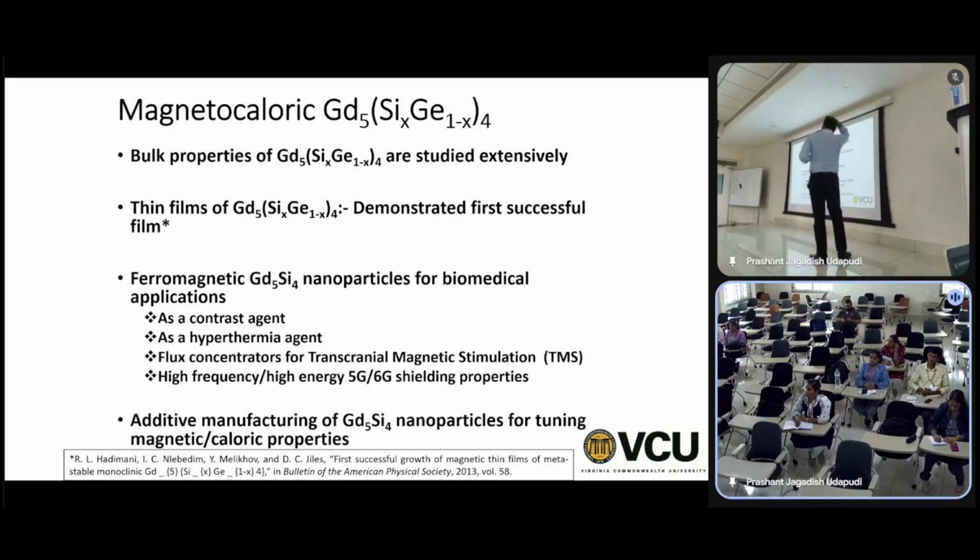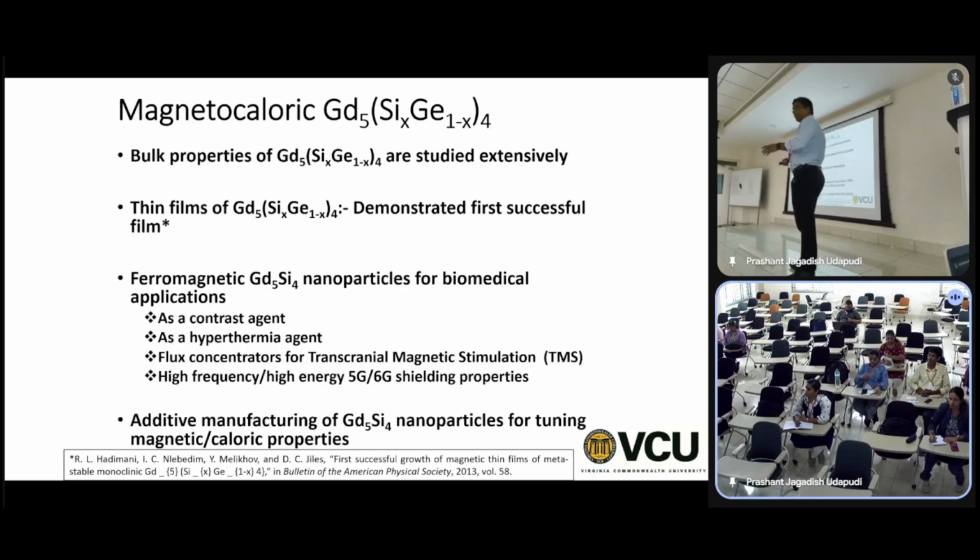So in order to do that, if you want to do microchannels, then you have to either make it as a wire or make it a powder to use additive manufacturing, right? So that means first you have to make powders of these functional materials or wires of these functional materials.